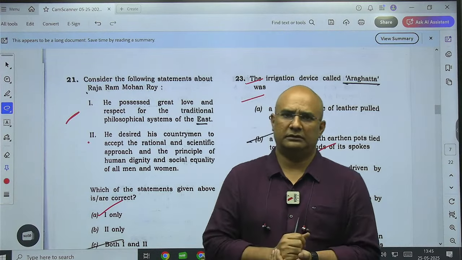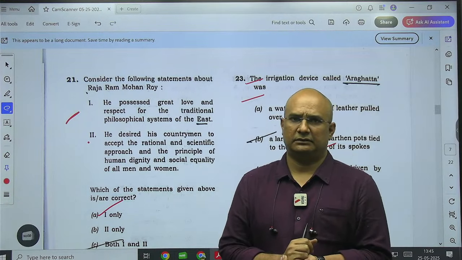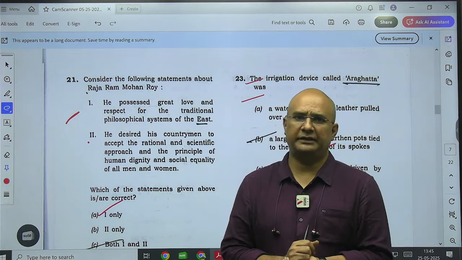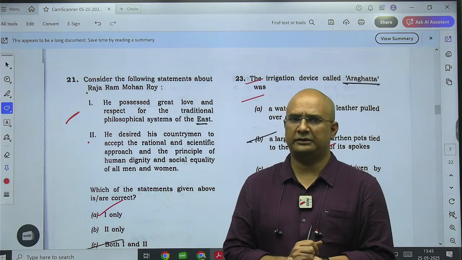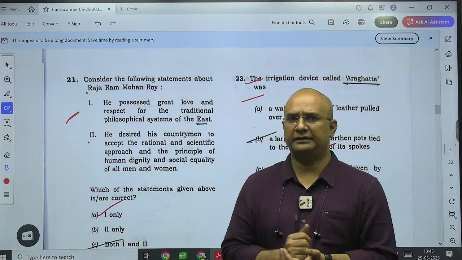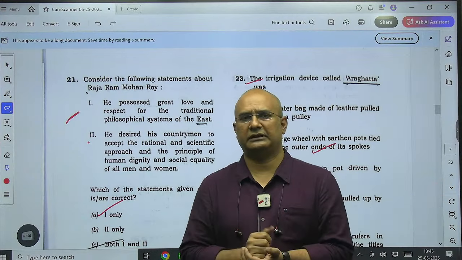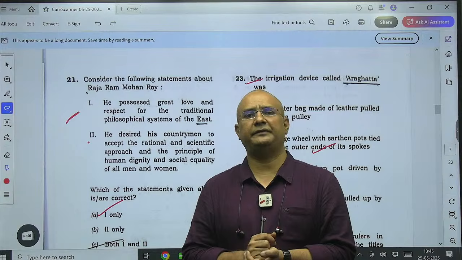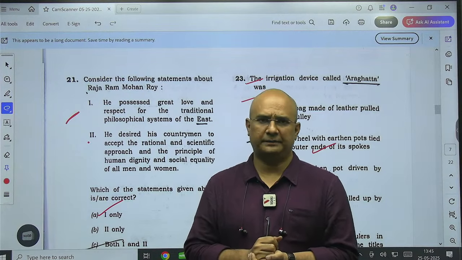We have got a weightage of 15 questions, which is a very decent importance given to the subject. As usual, over the last 10 years, on average, the number of questions from history in the preliminary examination has been 15 to 20. Now 15 is very decent.